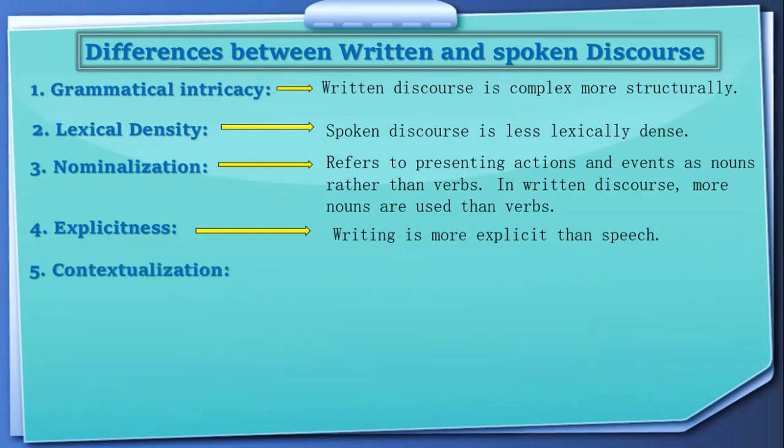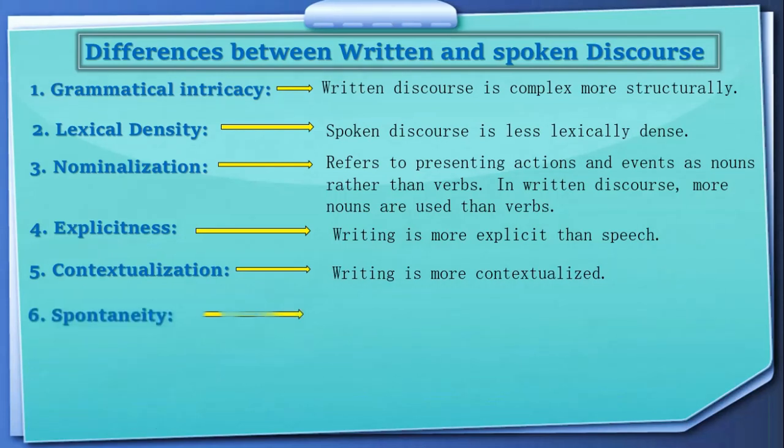Number five is contextualization. Writing is more contextualized. It means that written discourse is much more contextualized and to the point. But spoken discourse may be differently contextualized, or may be hindered or divided into different talks.